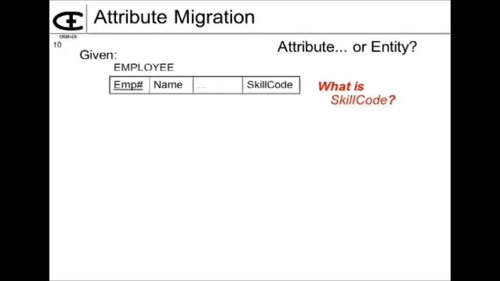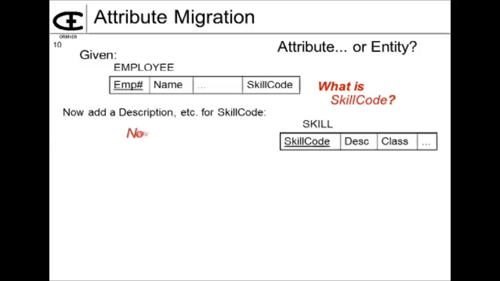So is skill code an attribute here? Looking at that picture, you would say it was. Now add a description for each skill code. We do this all the time in our databases. Okay? Now what is skill code?